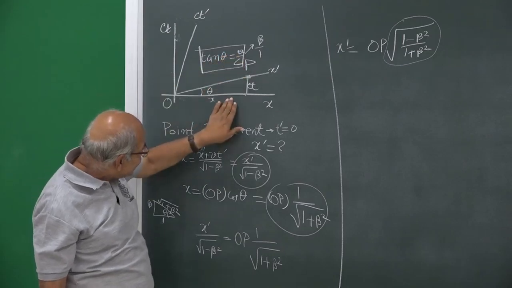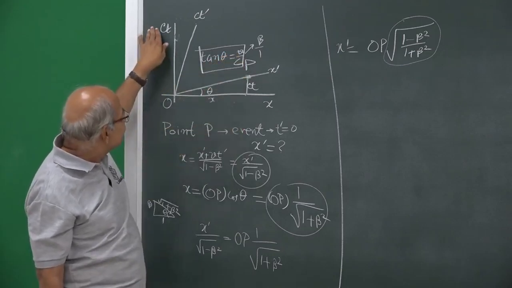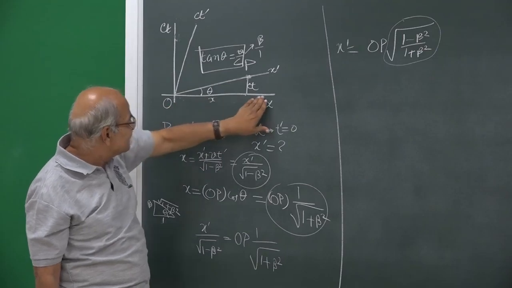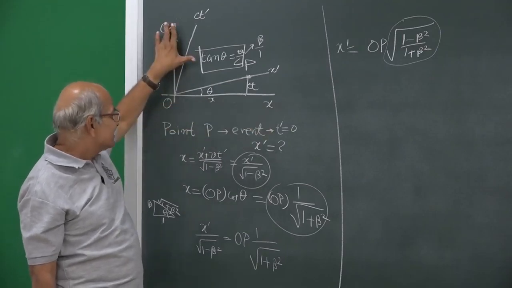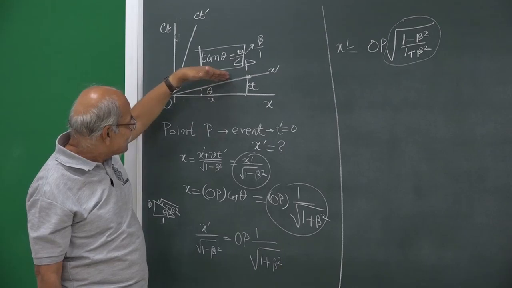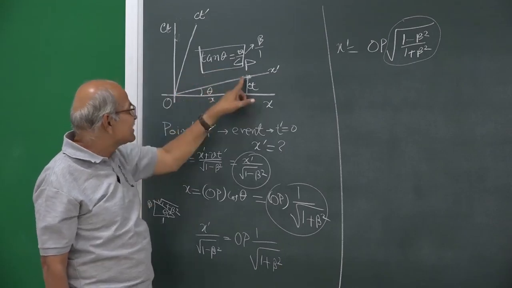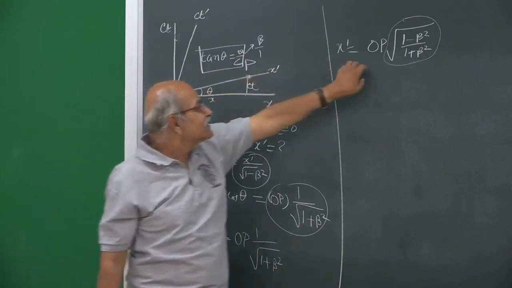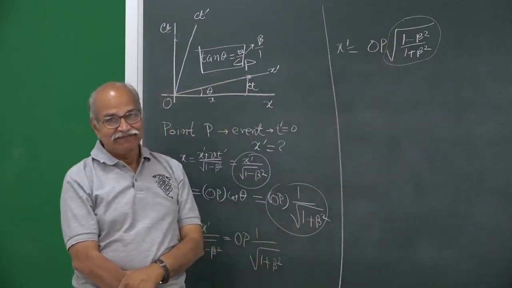In this S frame x-CT diagram, whatever scale I am using here, that same scale I cannot use here. With the same scale I have the distance OP, but that distance has to be multiplied by this factor.